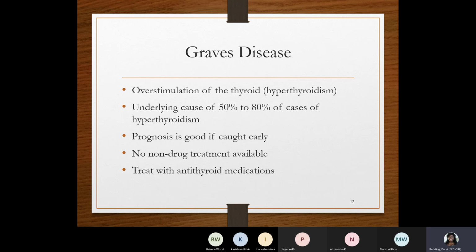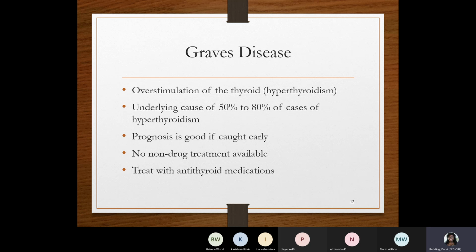It would include tapazole, which its generic is methimazole, and then you also have propylthiouracil, which its generic abbreviation is PTU. So if as a pharmacy technician you see PTU written on a prescription, it would represent the medication generic name propylthiouracil.